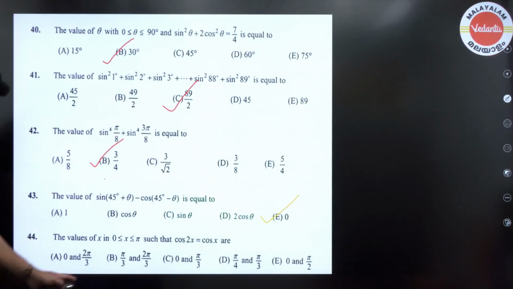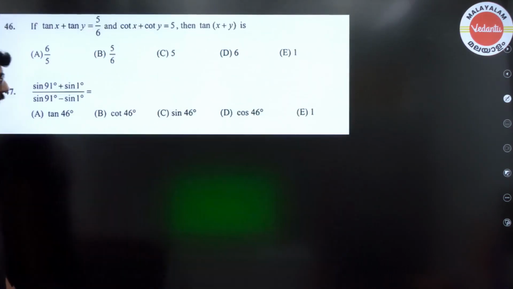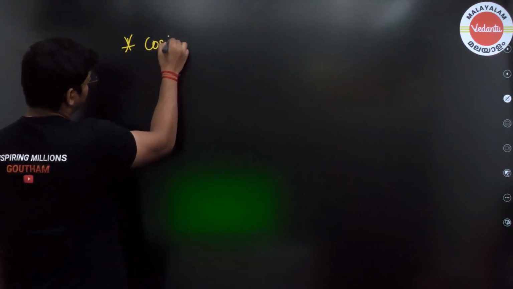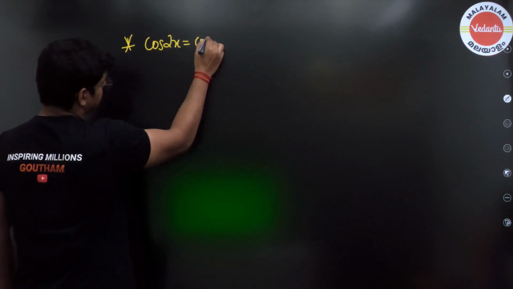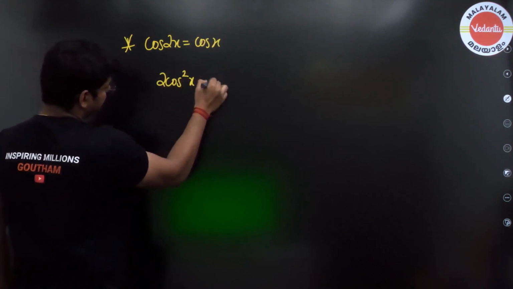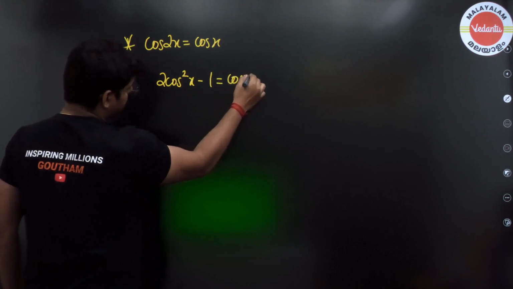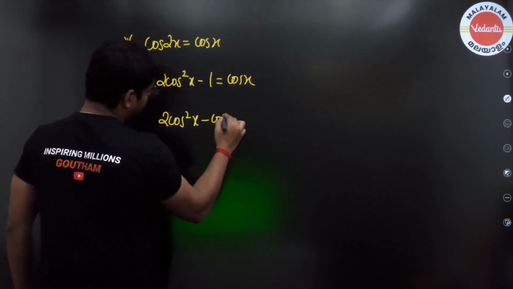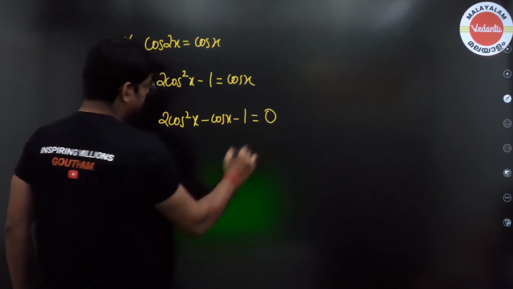Okay, chalo. Next one, cos 2x is equal to cos x. What are the values of x which will satisfy this equation? So again, cos 2x is going to be equal to cos x. Now what is cos 2x? 2 cos square x minus 1, and that is equal to cos x. So let me take this side. So 2 cos square x minus cos x minus 1 is equal to 0.